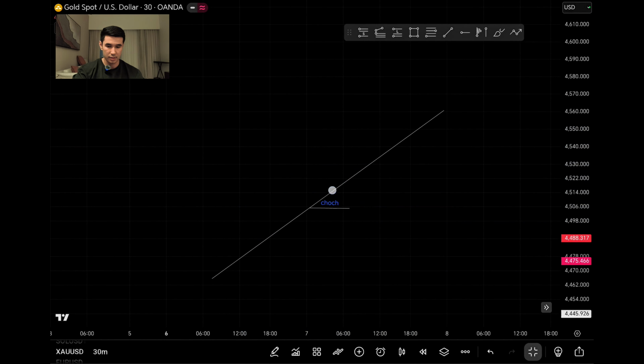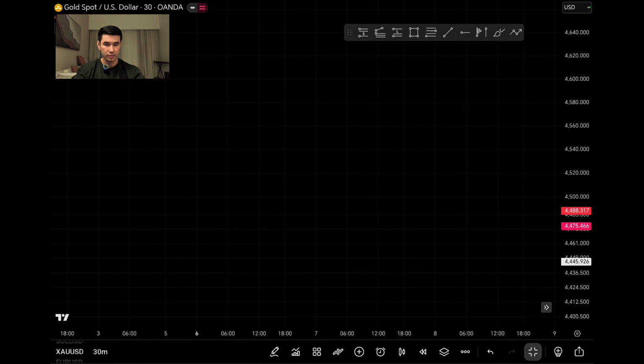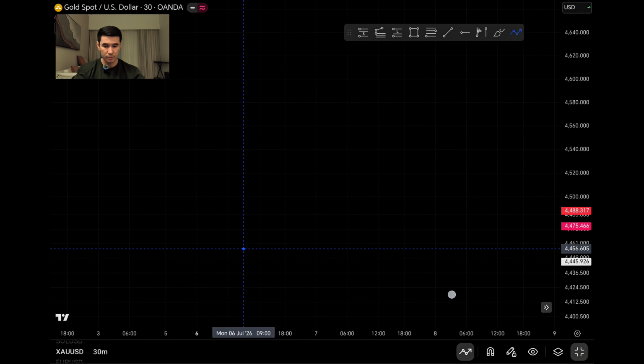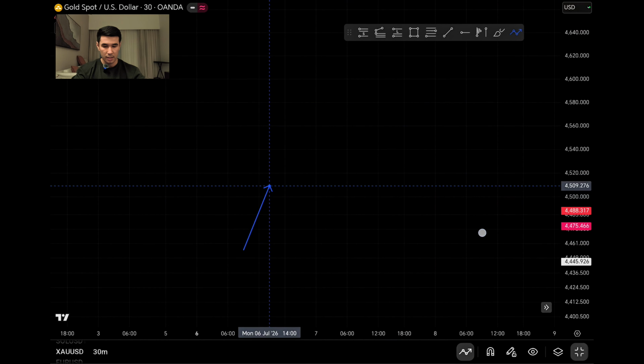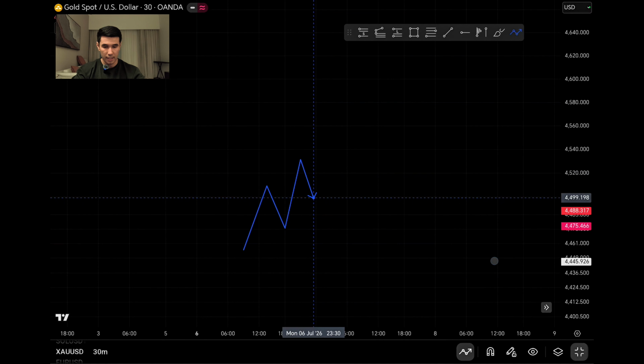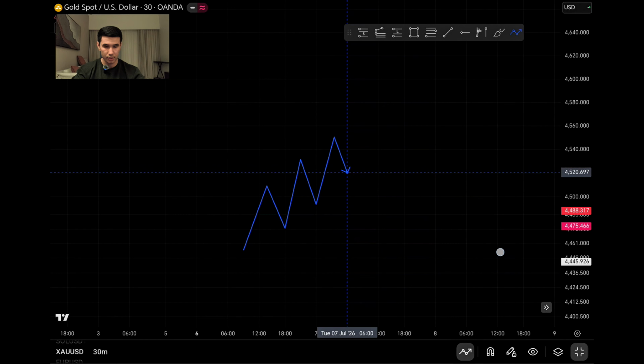Okay, now we are going to make an example for the buy. First, the trend line: higher high, higher low, higher high, higher low, higher high, and it starts returning here.